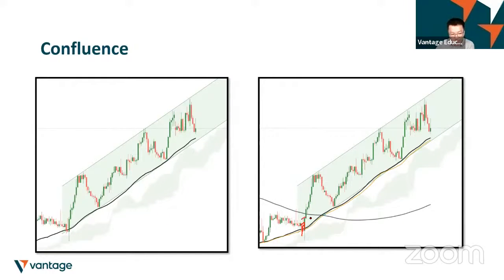Imagine if you bought at that point, your stop loss would be there. Your take profit could be at the next point there or into that channel. And halfway through, you see a crossover, right? You see that golden cross.